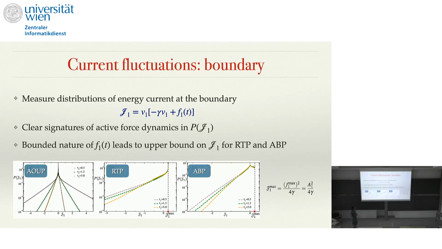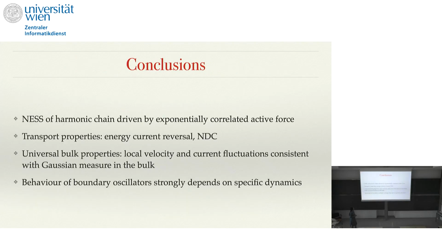For RTP and ABP, the boundary current seems to have a finite bound, which comes from the bounded nature of the force itself. So the bound we can also calculate exactly. But this nature is very different. The shapes of the distribution curves are completely different in these three cases. So I will conclude.